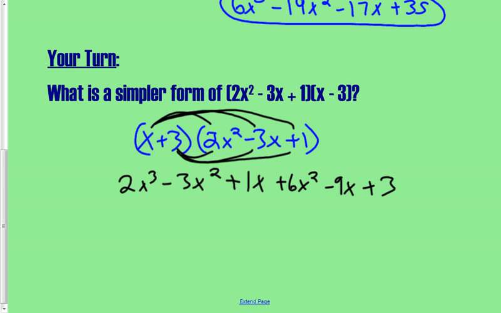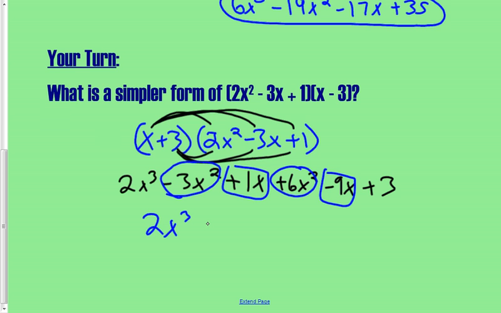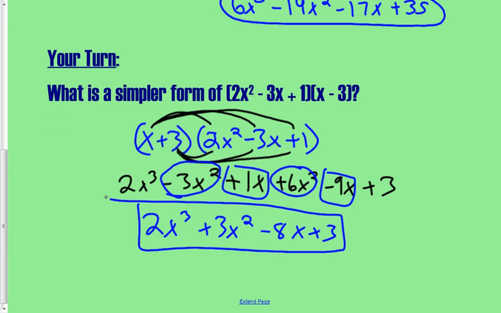And now I can look for the like terms again. This would be alike with this one. This would be alike with this one. So simplified, we got 2x cubed. Let's see, x squares. We've got plus 3x squared minus 8x plus 3. And there's your simplified answer after you multiply the binomial by the trinomial.